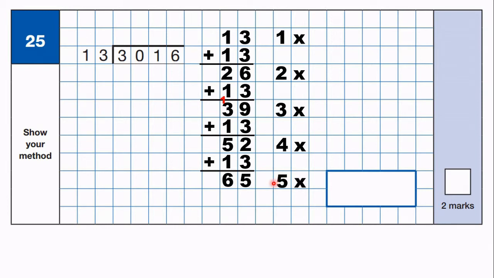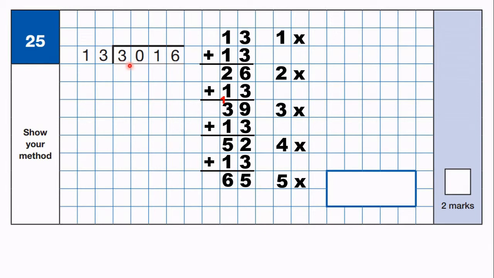And remember, 5 times any number will always end in a 5 or 0, and because it ends in a 5, we can be sure that we haven't made any mistakes. Another way of checking is that 5 times should be half of 10 times, and because it's easy to work out that 10 times 13 is 130, and 65 is half of 130, again, we know that we've worked this out correctly.